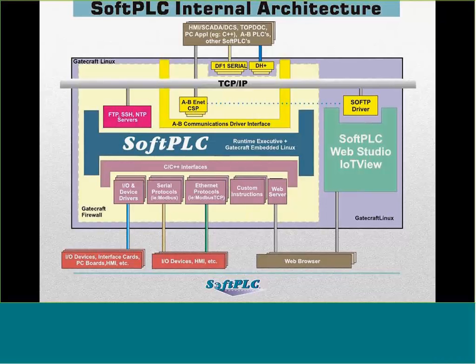The IoTView also, through other drivers, has access to, for example, Modbus TCP through this layer to talk to I/O or other equipment that might be on that network. And then the IoTView is going to generate the HTML5 pages, which can be viewed in a browser.